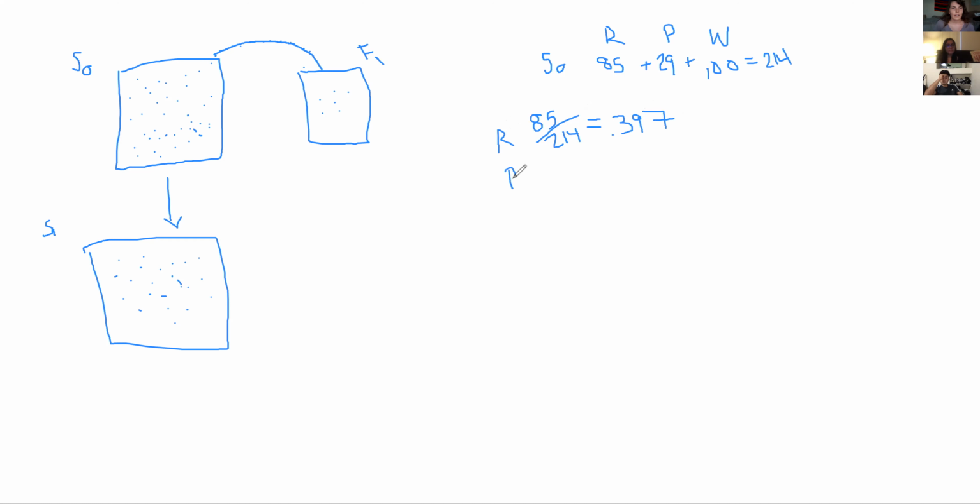For pink eyes, we've got 29 divided by 214, so 0.136. And for white, it's 100 divided by 214 equals 0.467. So these are the genotype frequencies in our S0 population.